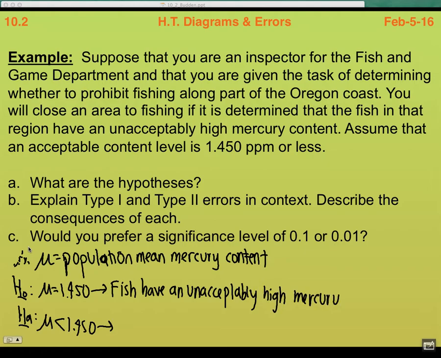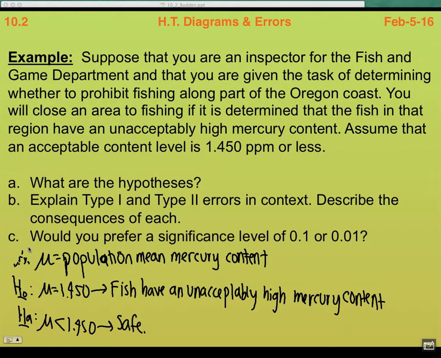And if the mean is less than 1.45, they do not have an unacceptable mercury content, so I'm just going to write that we're safe. I don't have the patience to write it anymore. I just wrote fishing ain't safe and fishing safe.